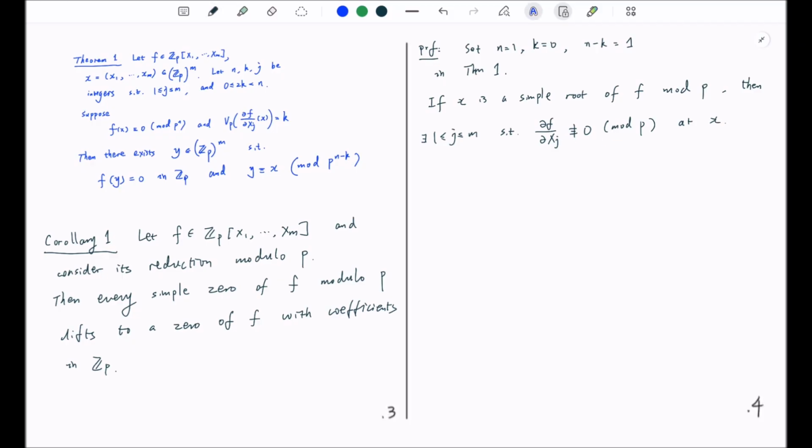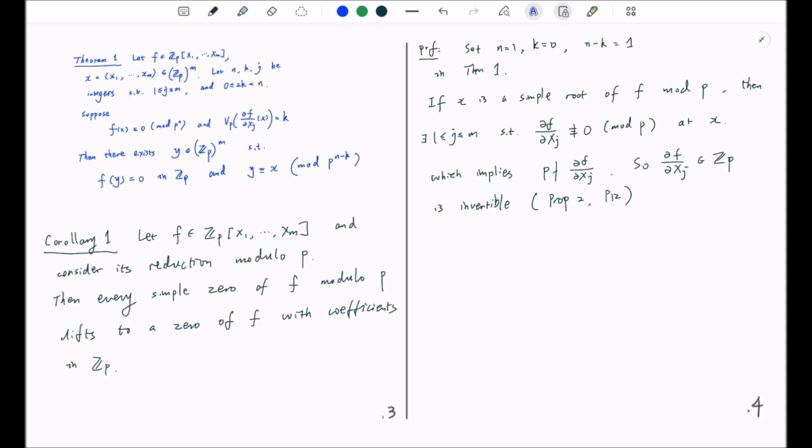And this condition implies that p does not divide df by dxj. So if we view this partial derivative df by dxj as an element in Zp, then this is invertible by proposition 2 on page 12 of Serre's book.